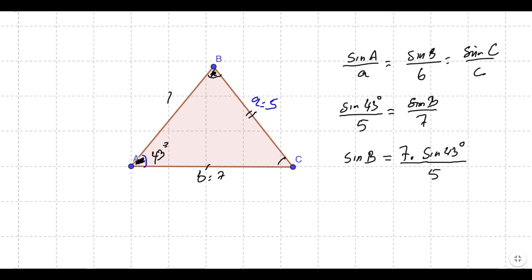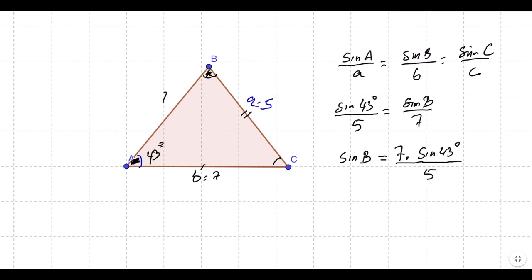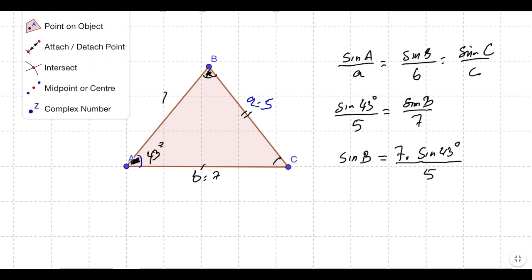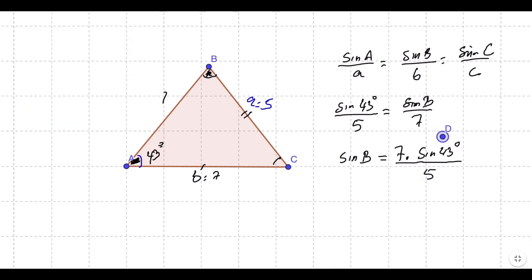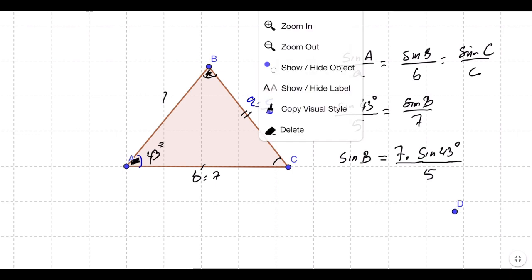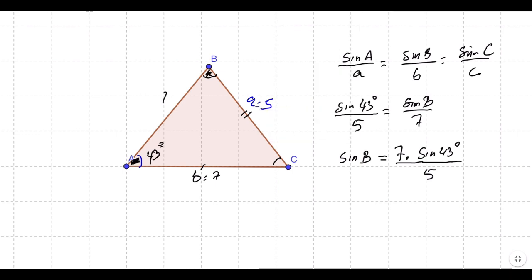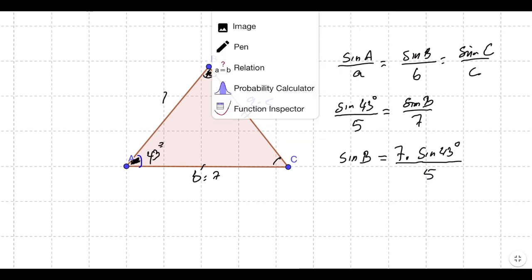You can just plug this in your calculator, and you will get the exact value of sine B. When you get sine B, you can do sine minus 1.